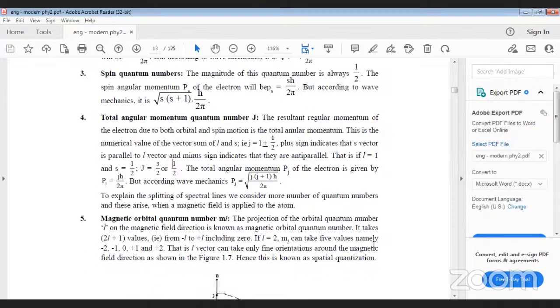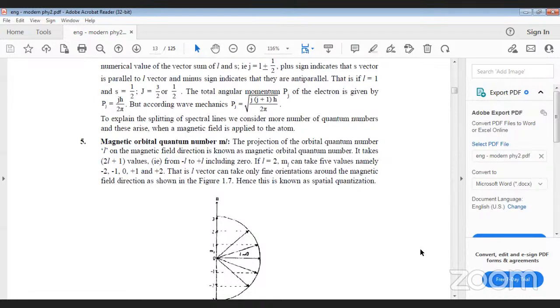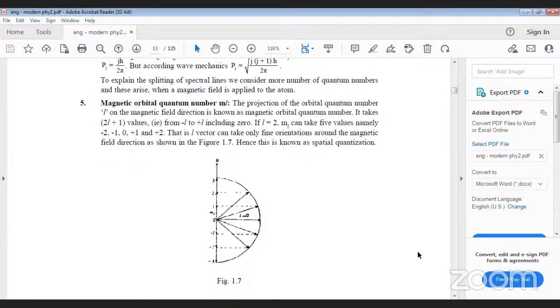To explain the splitting of the spectral lines, let us consider more quantum numbers. Another one is m_L, the magnetic orbital quantum number. You have to draw this diagram based on the L values and m_L values. These values vary from minus L to plus L, including 0.